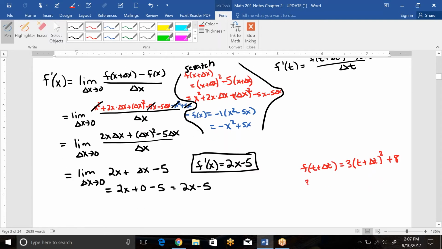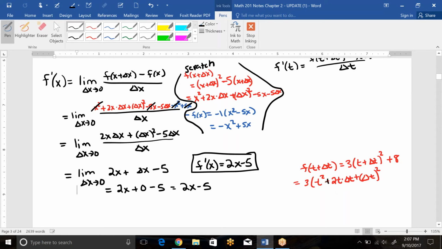We already know that that's going to be 3 times t squared plus 2t delta t plus delta t squared. So let me rewrite that part. So the middle is 2t times delta t and then a plus sign. There we go.